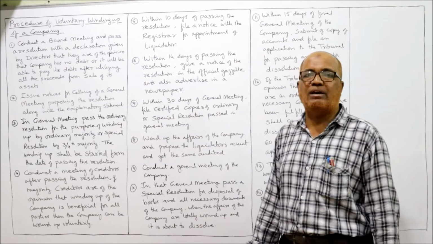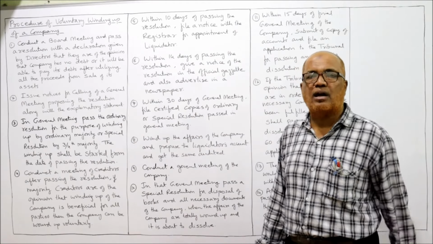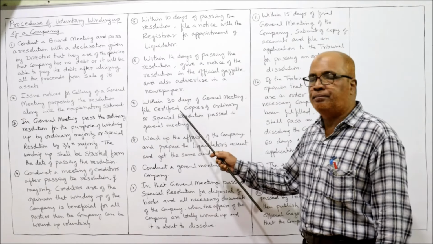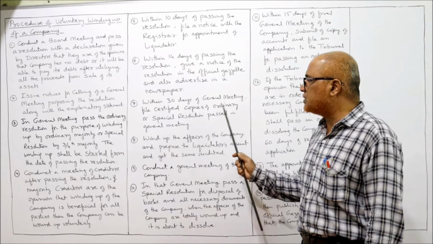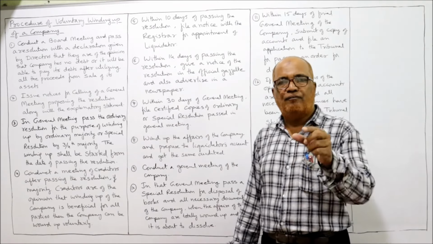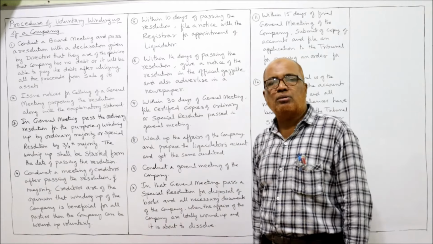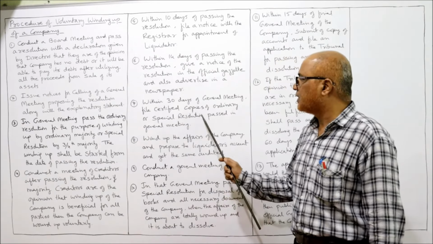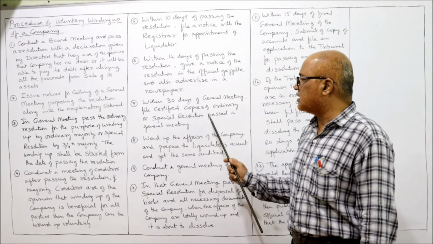Within 30 days of the general meeting, file certified copies of ordinary and special resolutions passed in the general meeting. Within 30 days, this resolution must be submitted to the registrar of companies.